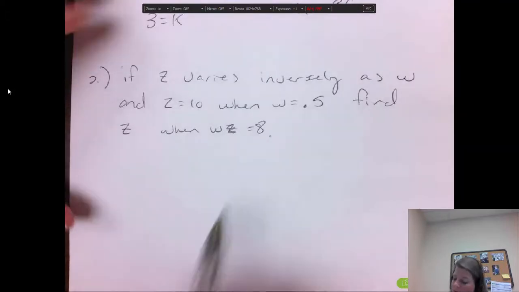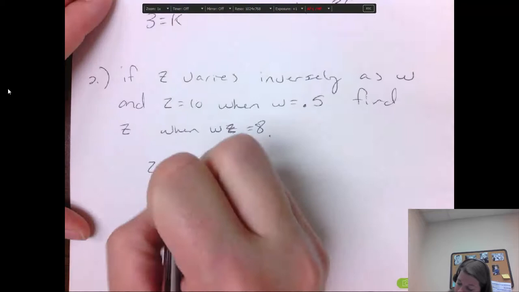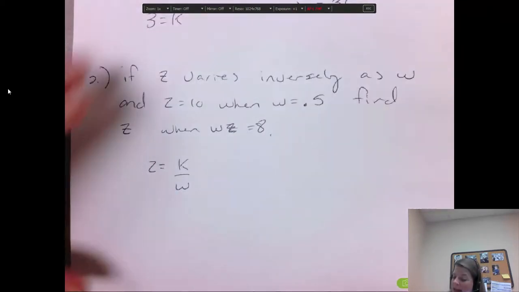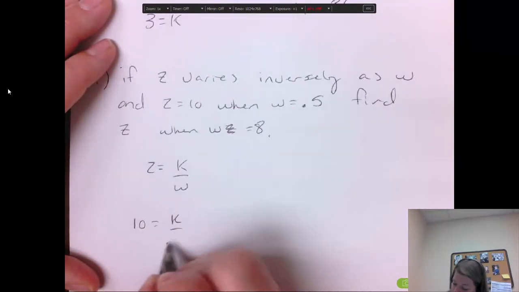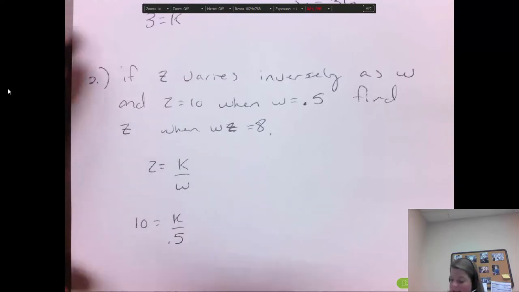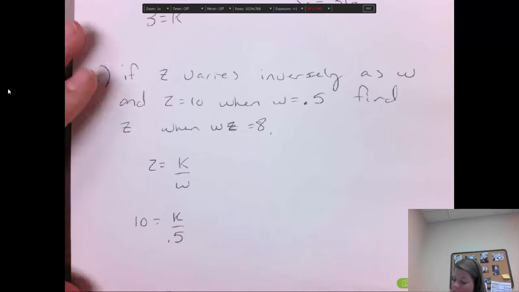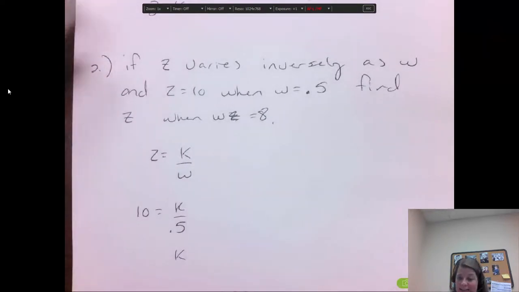So they're related inversely. So z equals k divided by w, right? Because they're inversely related. Now our sample is that z is 10 when w is 0.5. So remember, when you have something like times or divided, you have to times it over. So what's k going to equal? Well, you're going to times the 0.5 by 10.